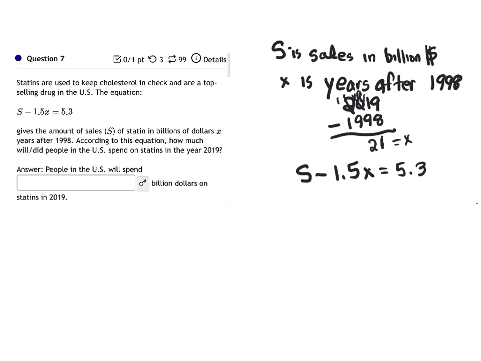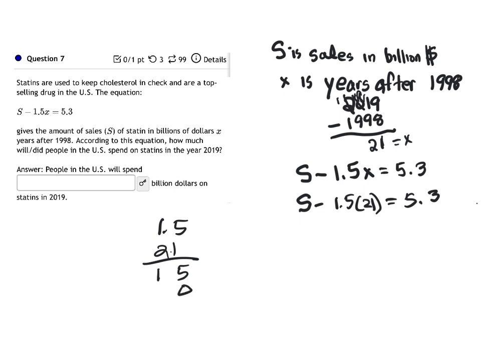This is S, not a 5, it's an S, minus 1.5 times 21 equals 5.3. So we're going to multiply 1.5 times 21. It's quicker if you do it in the calculator, but we'll do it here. 1 times 5 is 5. 1 times 1 is 1.